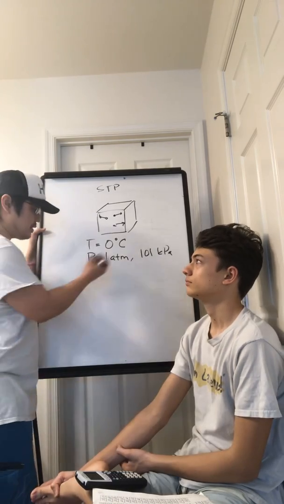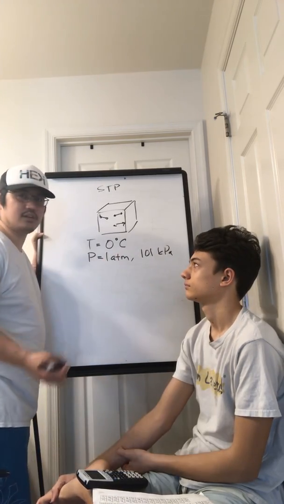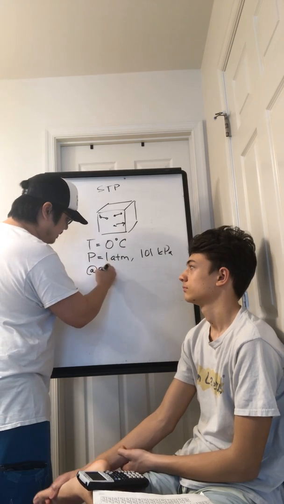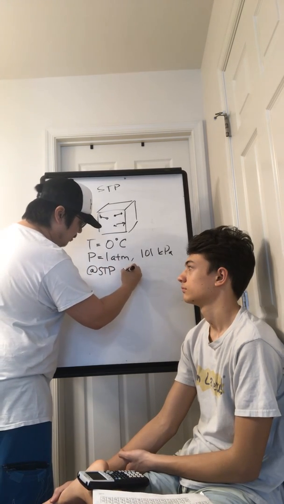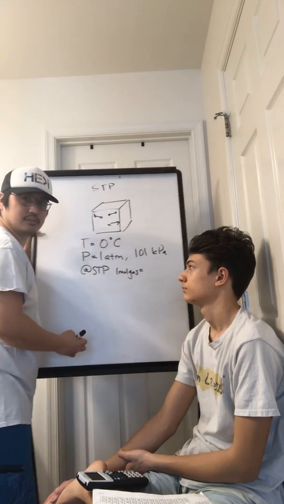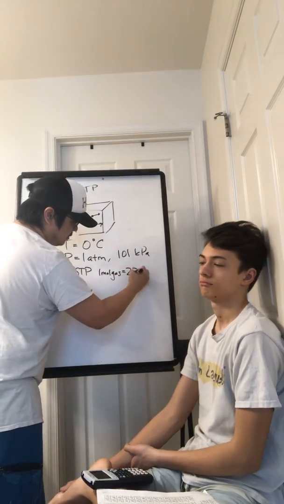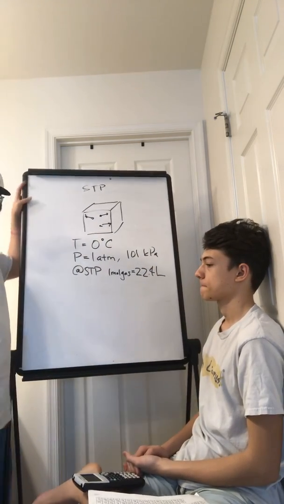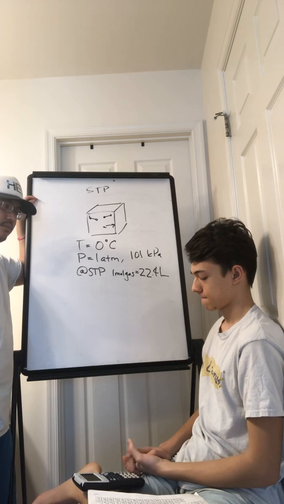And this is a conversion factor you guys might want to learn: at STP, 1 mole of gas is equal to 22.4 liters. Got it? So that one pretty much always works.